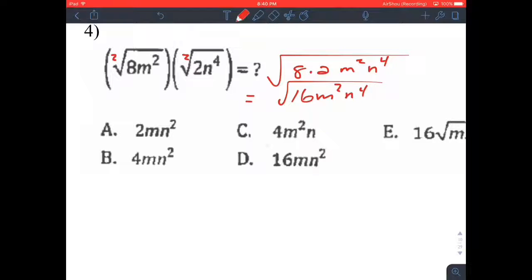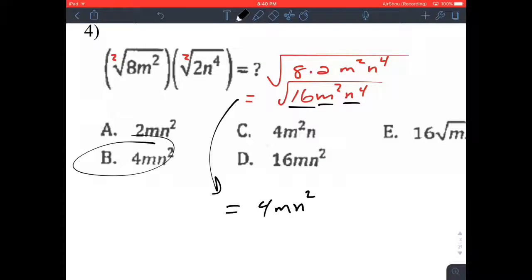Well, the square root of 16 is 4. Square root of m squared: what letter times itself gives you m squared? It's m. The square root of n to the 4th: what letter times itself gives you n to the fourth? Well, that's n squared. So we got 4mn squared, which is answer B.